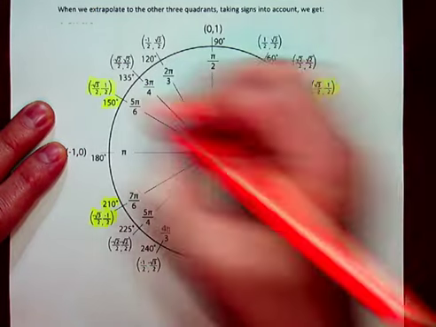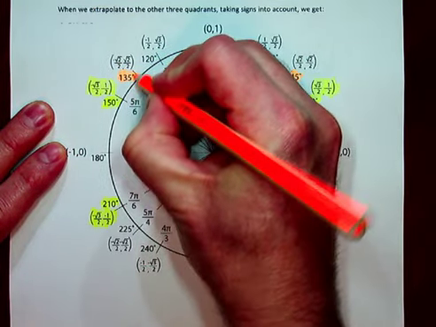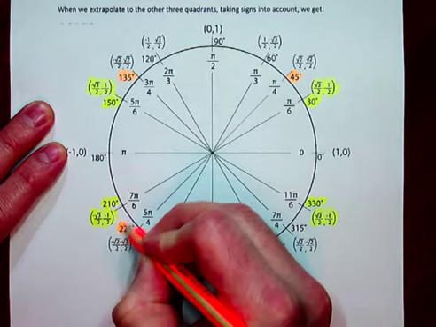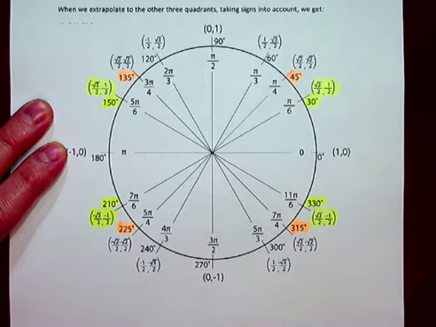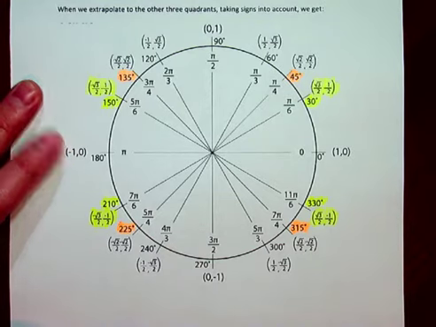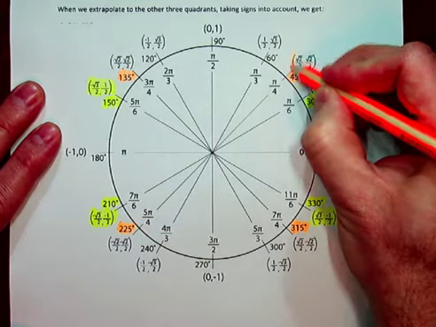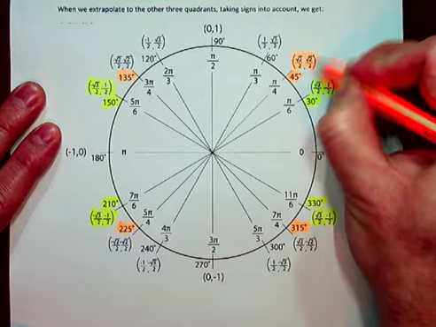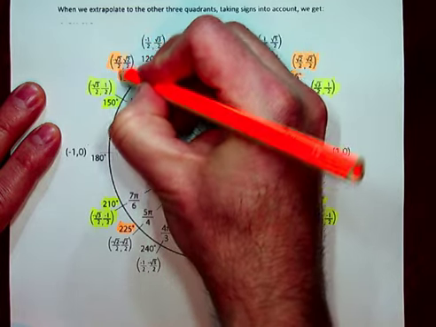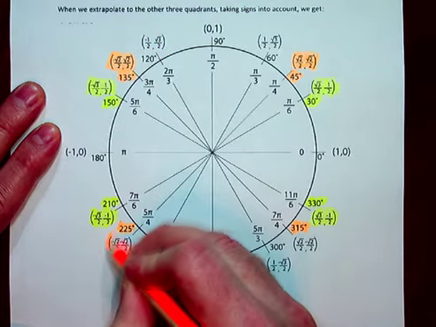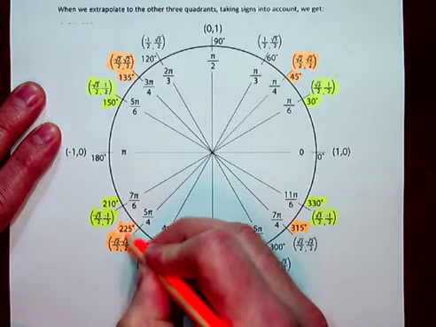45 is the same reference angle as 135, and the same reference angle as 225, and the same reference angle as 315. That means that it is absolutely no surprise that root 2 over 2, comma, root 2 over 2 recurs on all four of these, just changing sign, S-I-G-N, right?